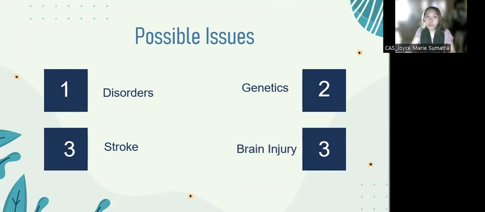Unlike people with aphantasia, they couldn't do it. It is not limited to people having disorders, but the inability to do perceptual processes could also be caused by genetics, stroke, or brain injury.